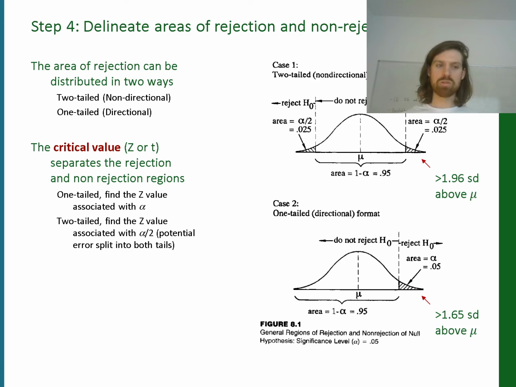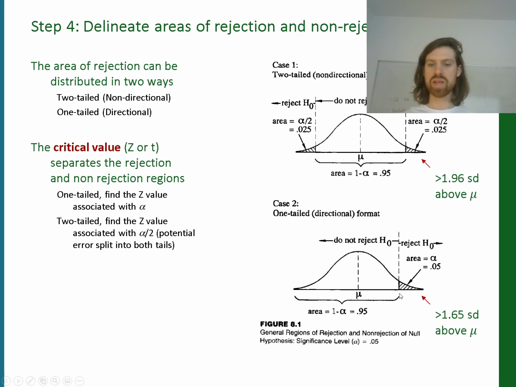Okay. Great, so the critical value that we need to identify, using either the Z or the T distribution depending on how many samples you've got, will separate the zones of rejection and non-rejection, okay? So for the one-tailed test, you need to find the Z value associated with that alpha.